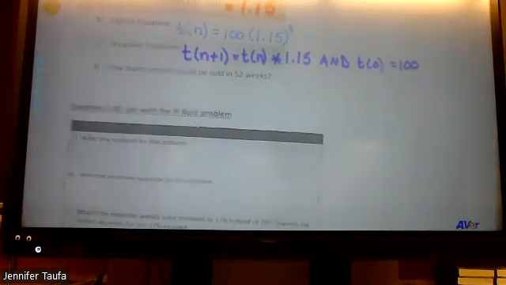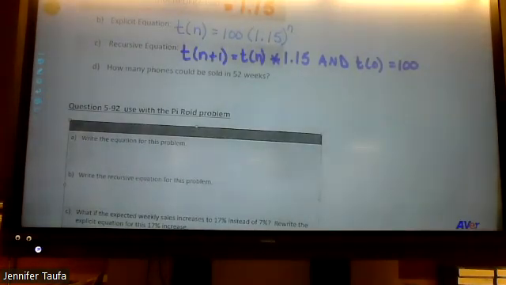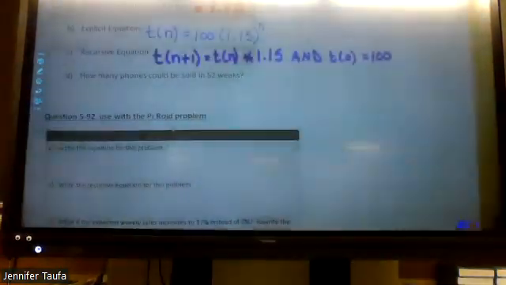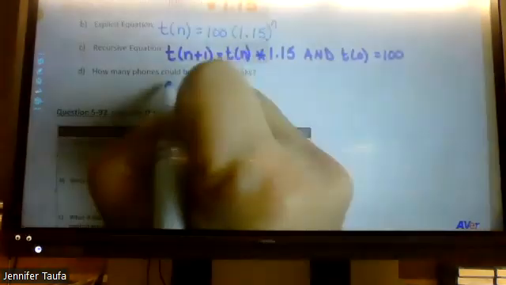Okay, so we want to know 52 weeks, i.e. a year. What happens in 1 year? Well, how can we do that? Which equation allows us to jump anywhere we want to in a sequence? Well, it's the explicit. So I'm going to put 52 into the explicit, and we're going to use our calculators.